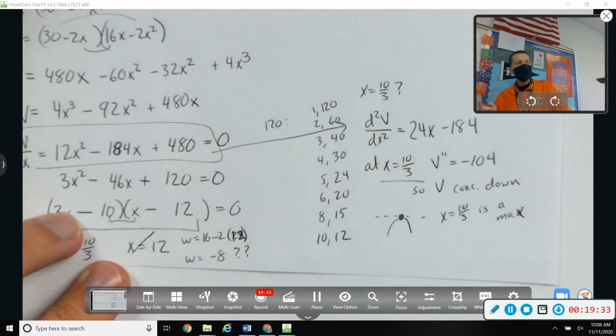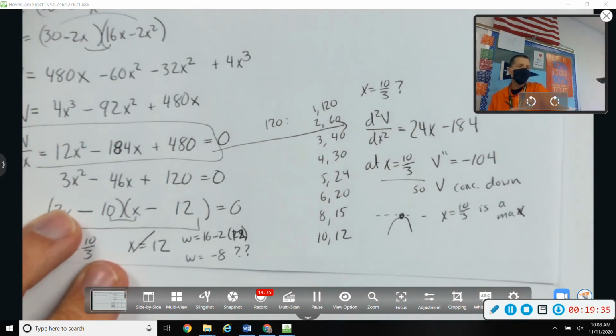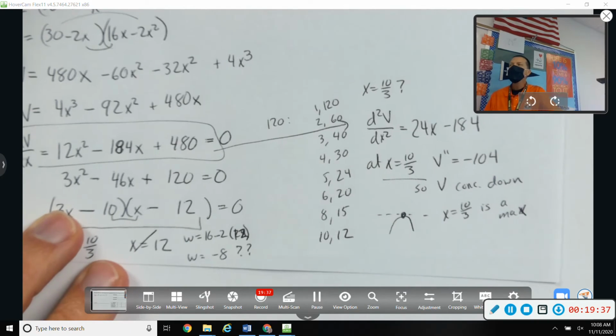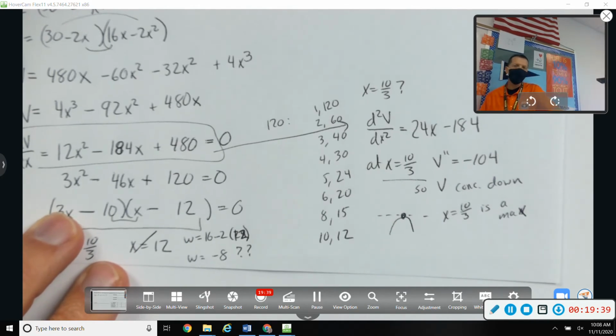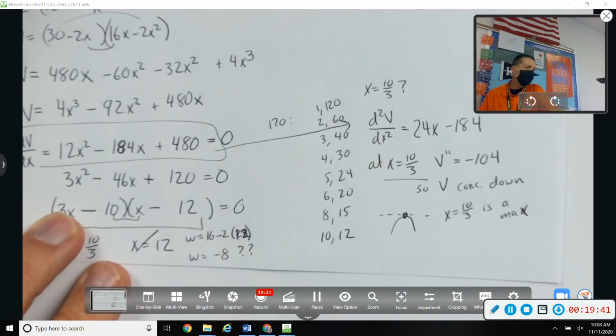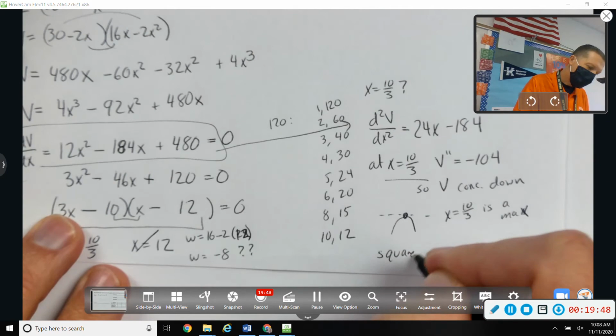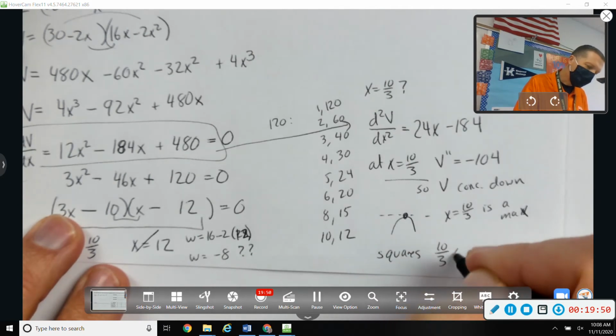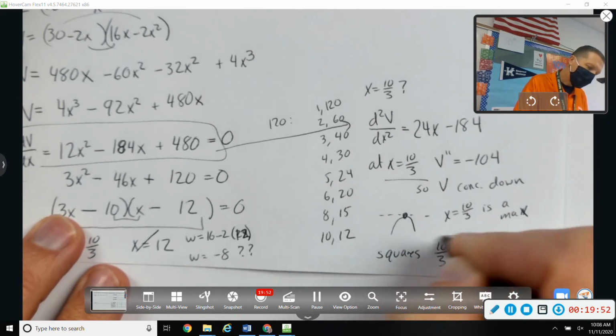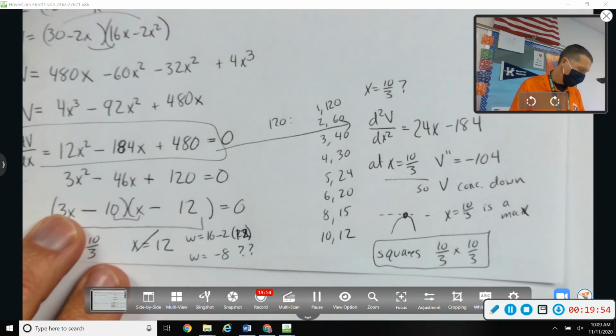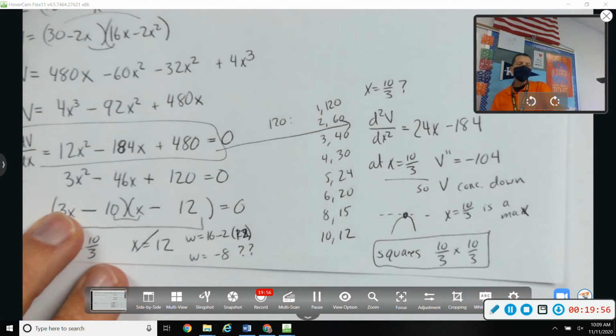Important in all calculus questions, but especially in these, is make sure you answer the question, because we could ask 3 or 4 different things about this. The question was, what size squares should we cut? So our square should be 10 thirds by 10 thirds. It would have been real easy to ask, what is the volume?